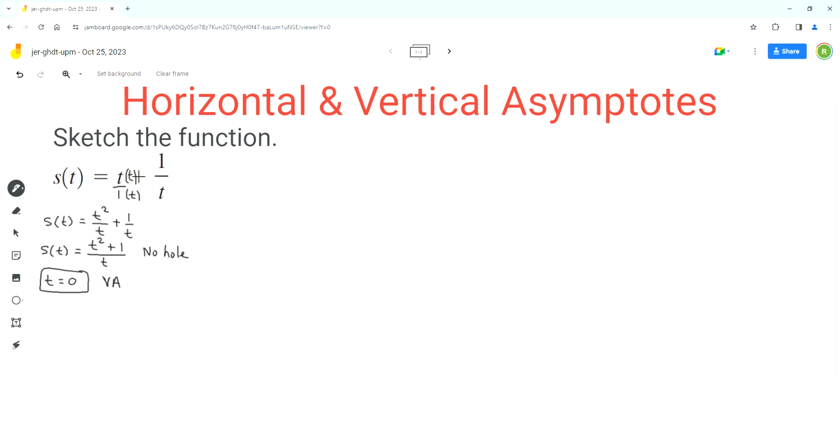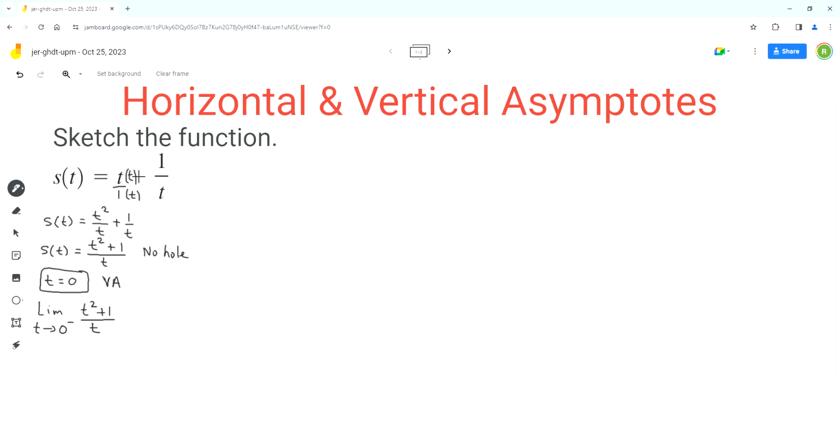Now we have to analyze the behavior of the curve of this function on both sides of this vertical asymptote. So we can use the limit. So limit on the left side of t equals 0. So limit t approaches 0 from the left side, t squared plus 1 over t.